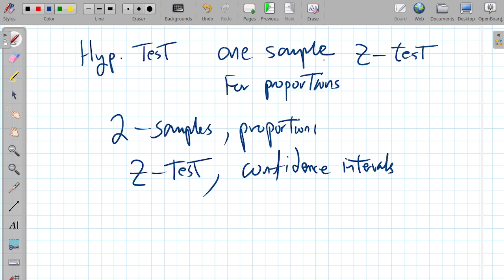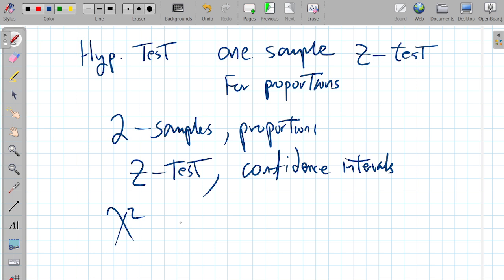So next time around, we'll look at hypothesis testing, the 1 sample z-test, it's obviously for proportions, and then we'll slide into the 2 sample proportions z-test and confidence intervals. And to round out, we won't get to this on Saturday without a doubt, but the proportions discussion will wrap up with the discussion of chi-square.